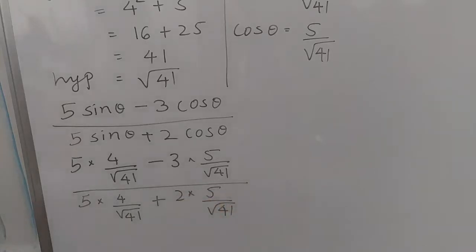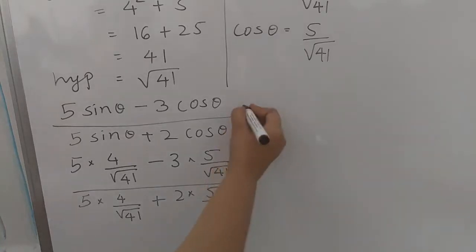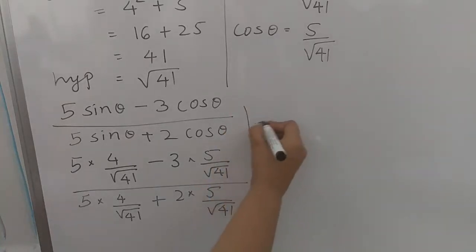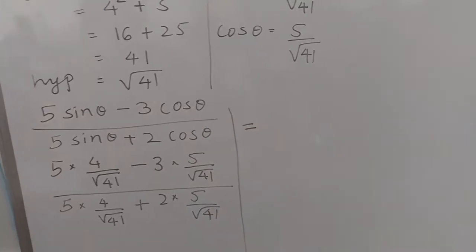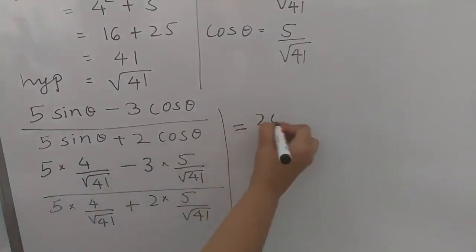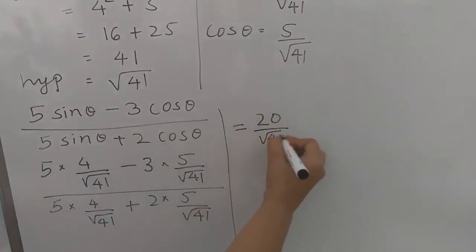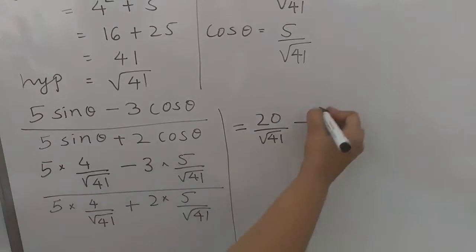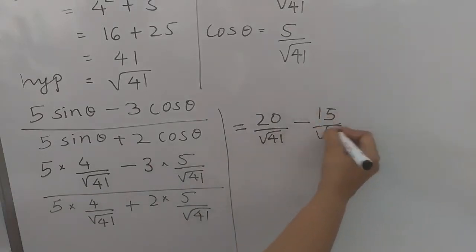So this way we get a solution. Now we simplify this. I write it here now so you can understand. In the numerator first of all we see here, 5 4s are 20 upon square root 41 minus 3 5s are 15 upon square root 41, like this.